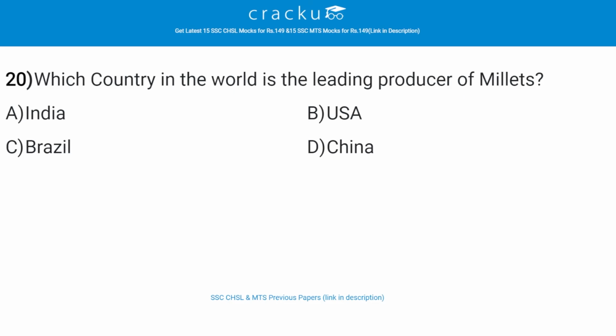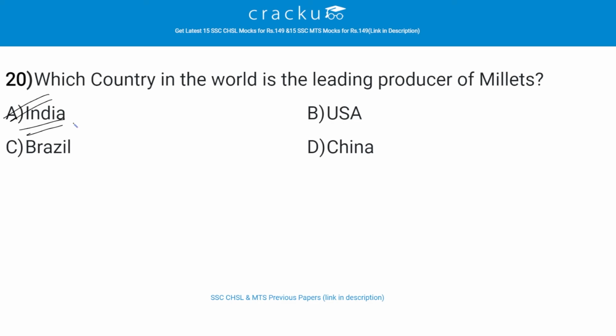Which country in the world is the leading producer of millets? The correct answer is A, that is India. So, millets are cereal crops, generally small seeded and known for high nutritive value, and the report comprises production and consumption analysis of millets grown across the world.